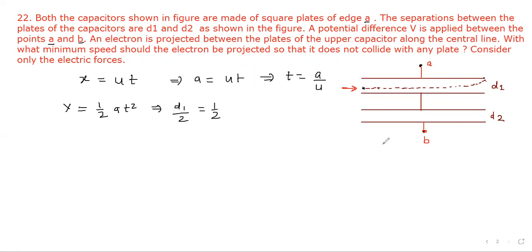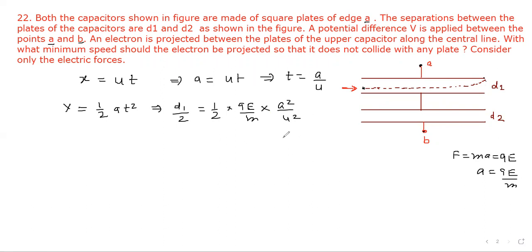Force F equal to ma equal to qE, so from here, a will be qE upon m. So 1 by 2 qE upon m times t square, and time is a upon u, so this will become a square upon u square.